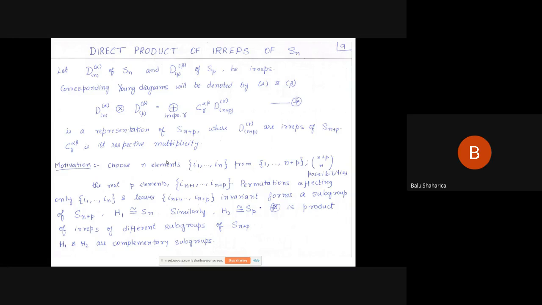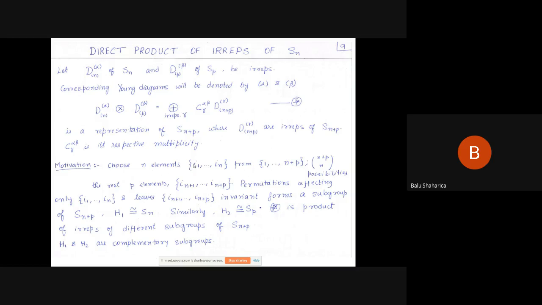So the motivation here is basically, since this belongs to Sn and this belongs to Sp, we will create two subgroups of S(n+p), H1 and H2, such that H1 permutes only n indices from 1 to n+p.